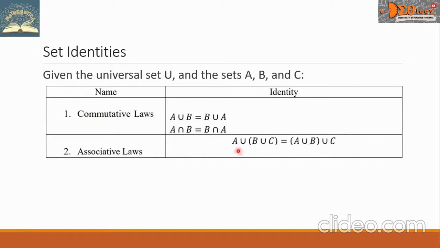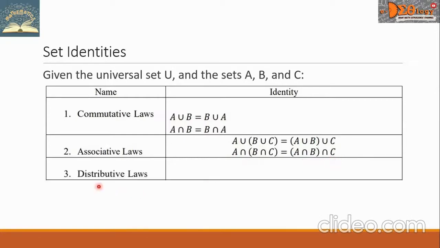The first is A ∪ (B ∪ C) equals (A ∪ B) ∪ C. Also, A ∩ (B ∩ C) equals (A ∩ B) ∩ C.